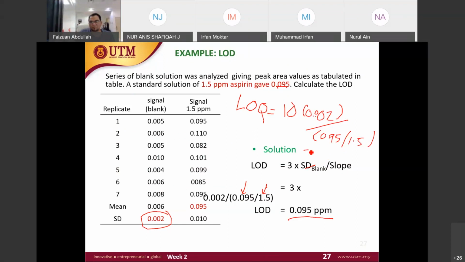And how much do you get? 0.3158, 0.315 ppm.